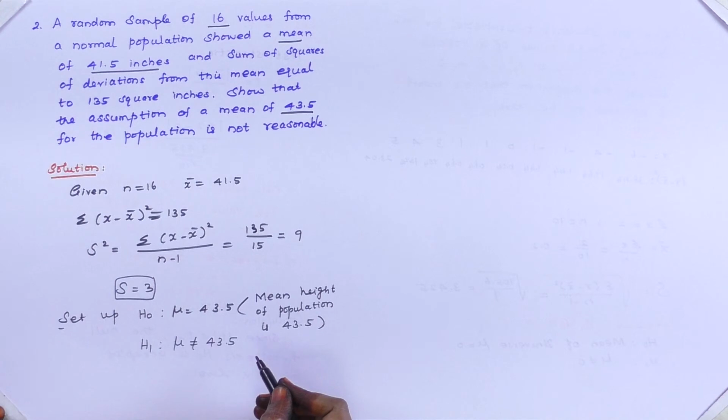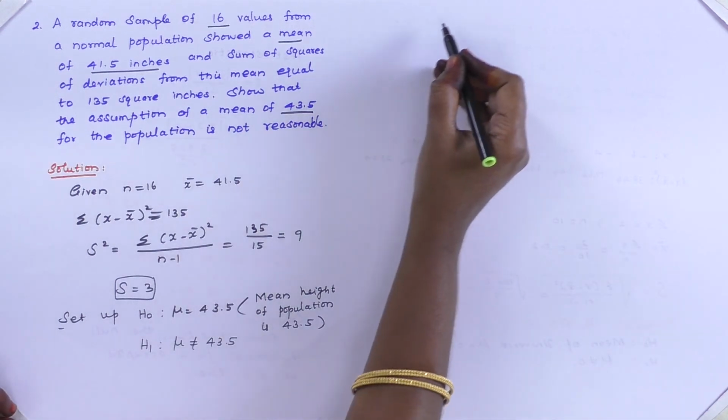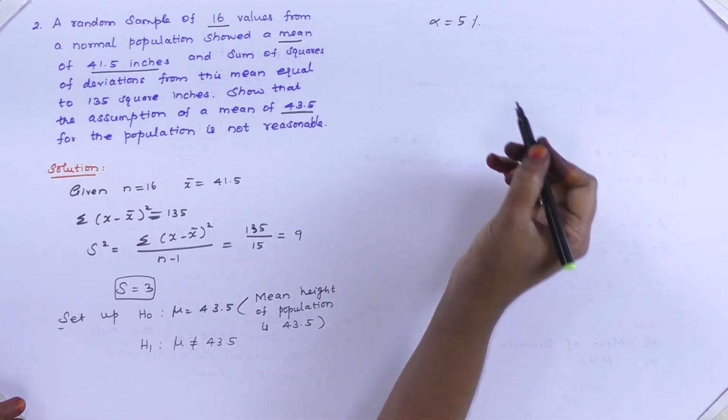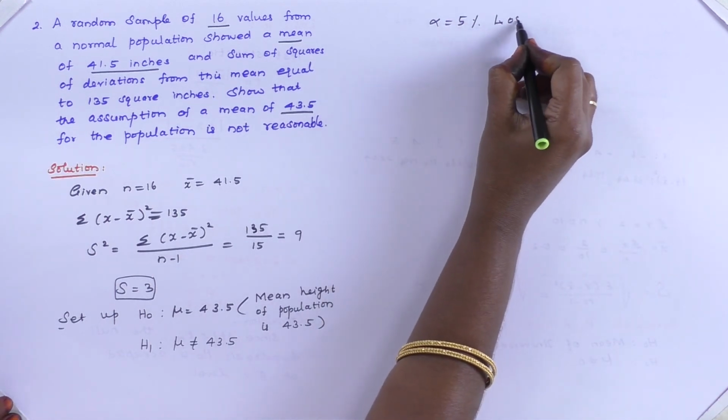Next we select the level of significance alpha. Obviously we choose alpha as 5%.